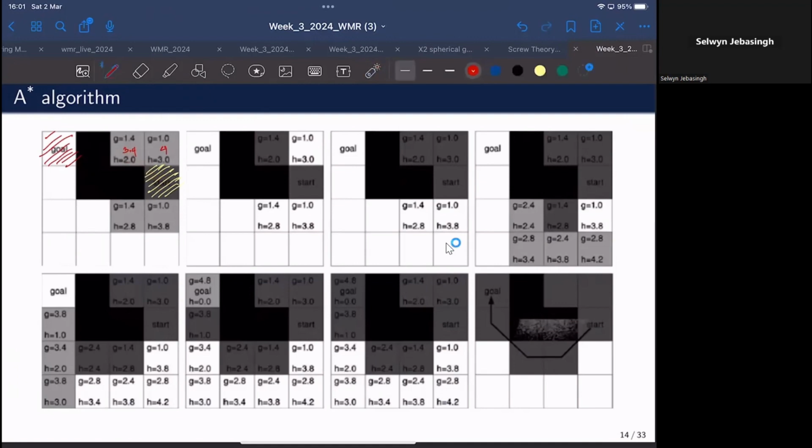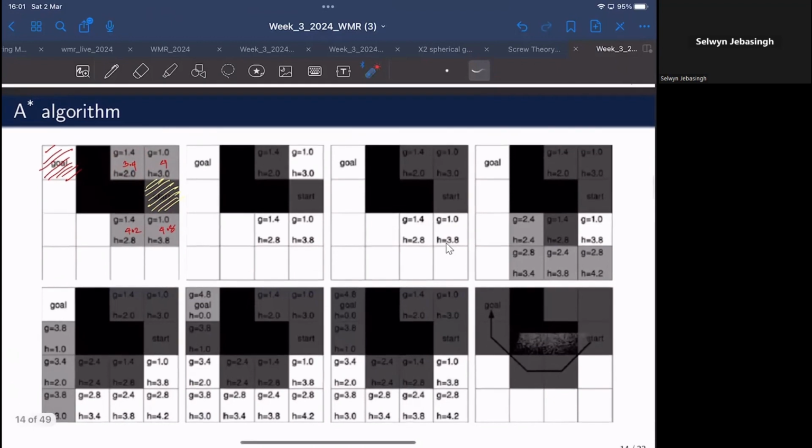I think I haven't made it complete. At the bottom, you have 2.8 plus 1.4, that is 4.2. And to your right, that will be 4.8. So out of all the neighboring nodes of the start node, this node has the least expected cost function. So ideally, it should start from here and it should go here.